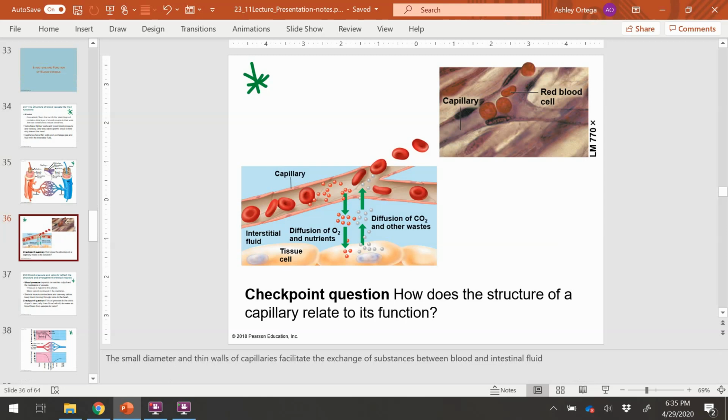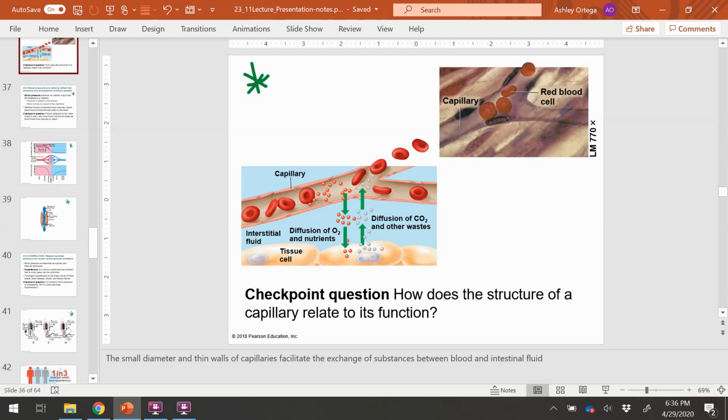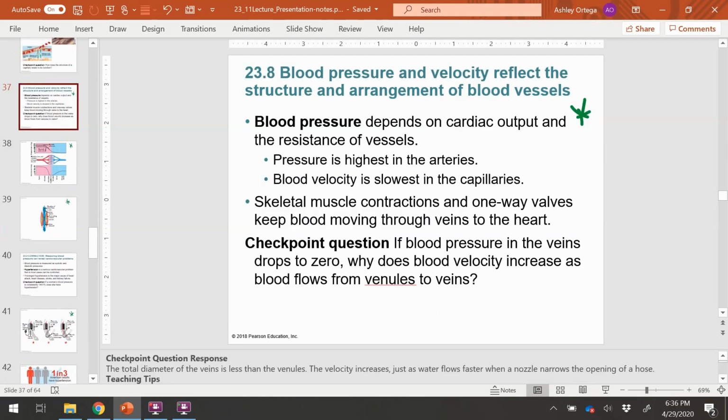So how does the structure of the capillary relate to its function? The small diameter and thin walls of the capillary help with exchanging substances between the blood and the interstitial fluid along with the body cells. Next is looking at blood pressure.